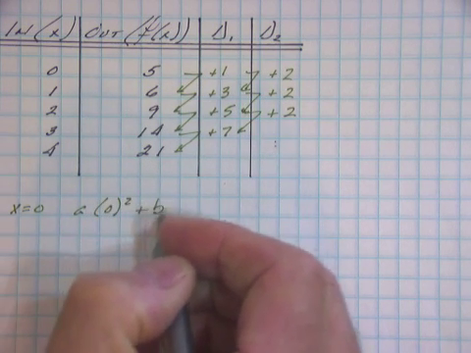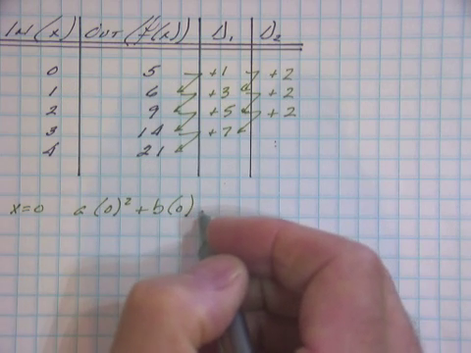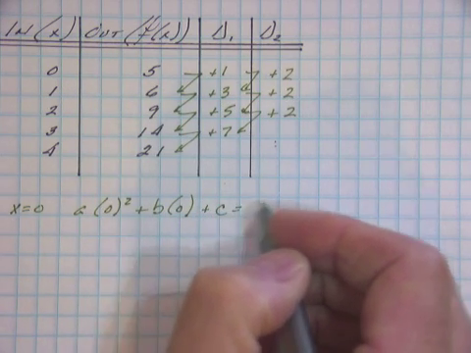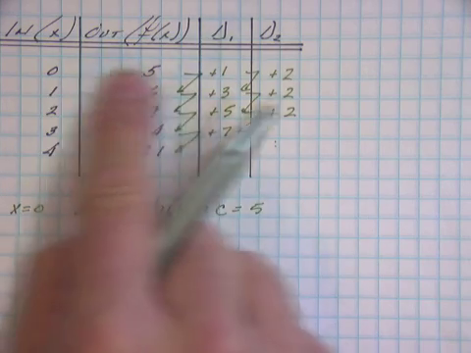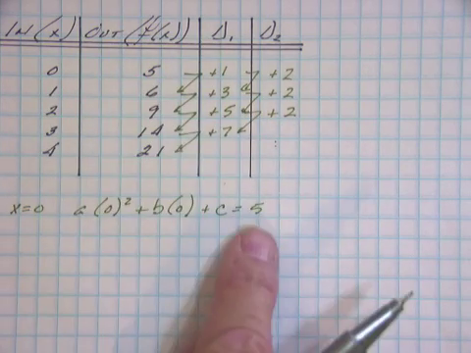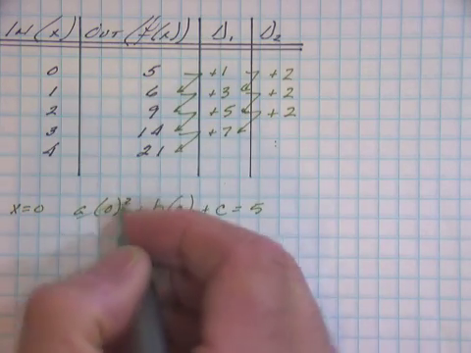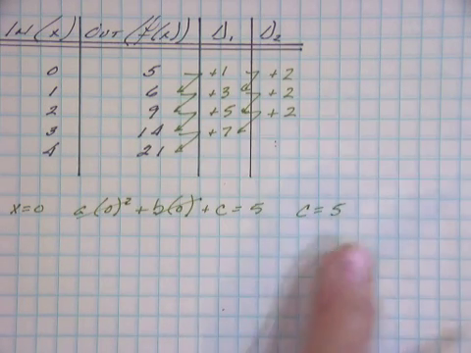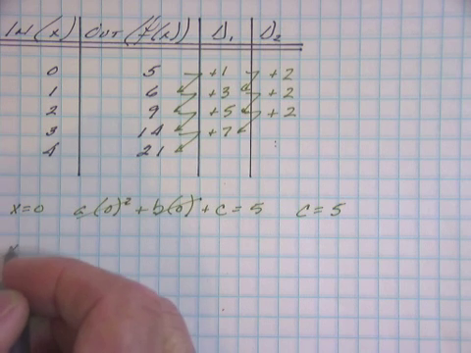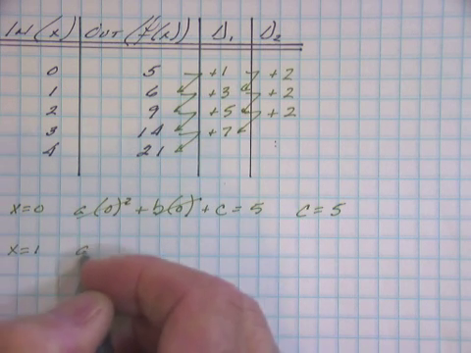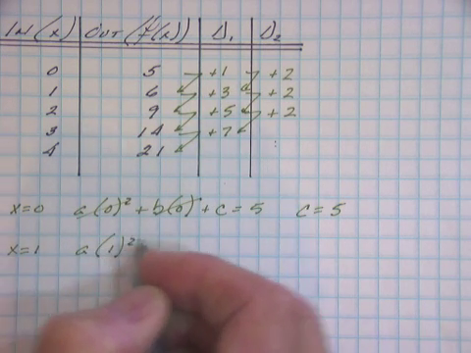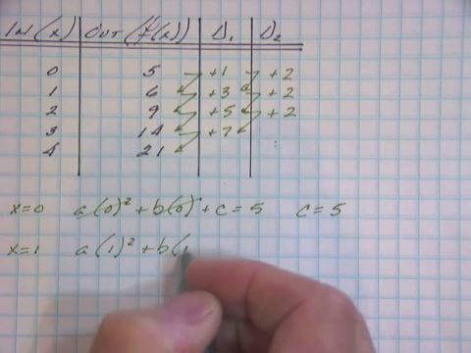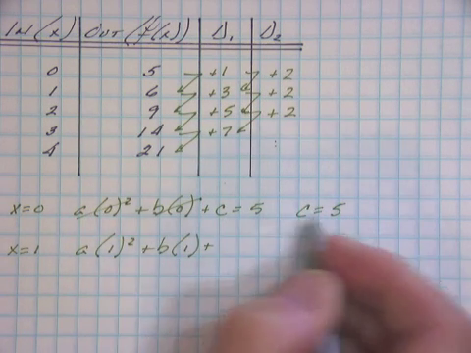So I know I'm going to look at when x equals 0: a times 0 squared plus b times 0 plus c equals 5. When x is 0, I get 5 out, okay? These two terms cancel, and I'm left with c equals 5. So I need that.